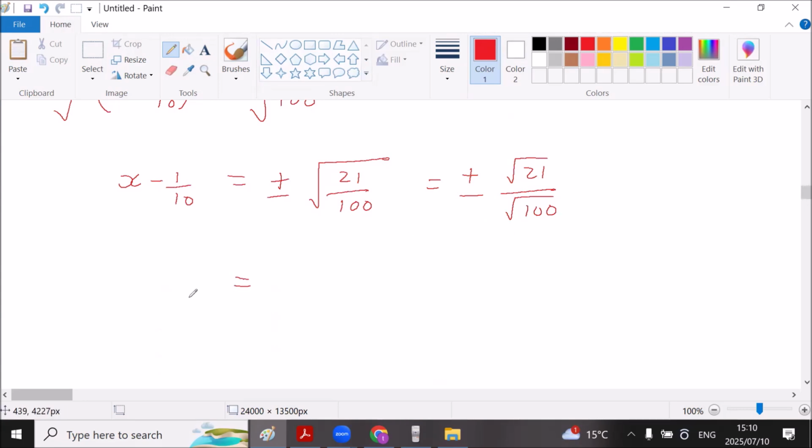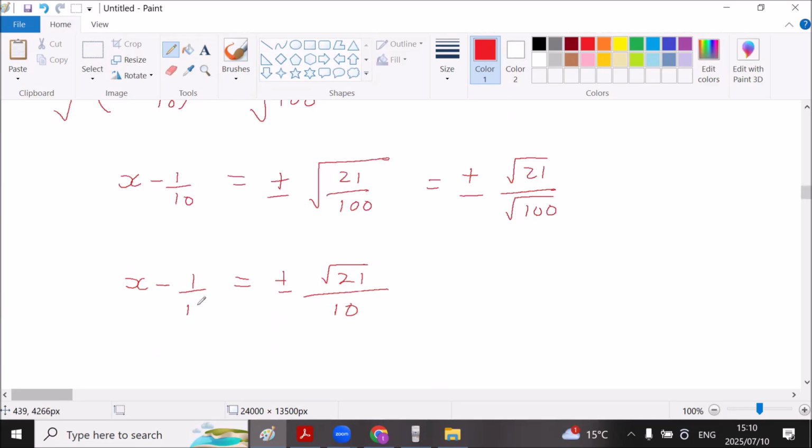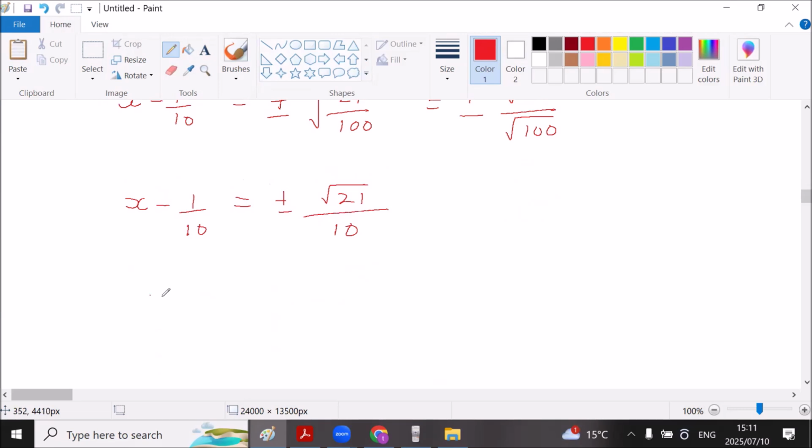So this will be equal to plus or minus the square root of 21 over 10. The left-hand side is x minus 1 over 10. Now we take this minus 1 over 10 to that side.